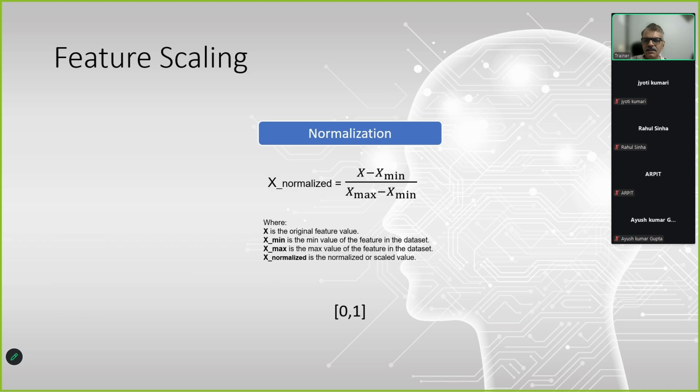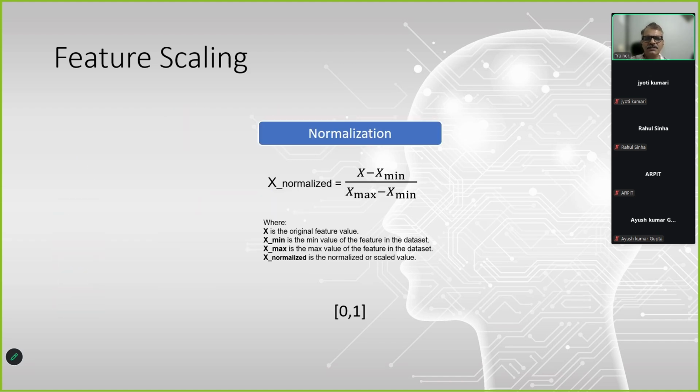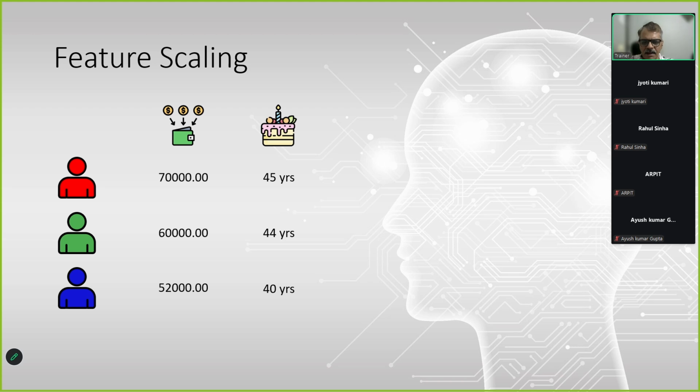Let's see, do we have the income column here? Yes. So this is the normalization formula, and let's apply our normalization to this data. The first column is the income column: 70,000, 60,000, 52,000, right?